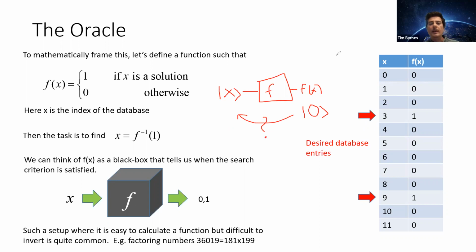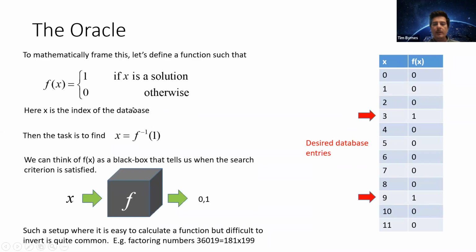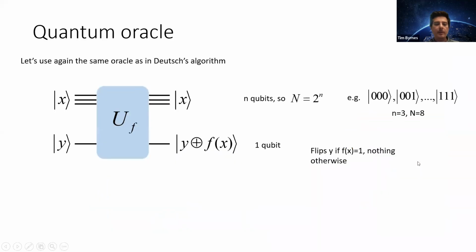Okay, so that's why we eventually went with this type of circuit on the next page, because this is an invertible way of implementing this oracle. So instead of having the output as just f of x, we have the output as y added modulo 2 with f of x, where f of x is this type of function.